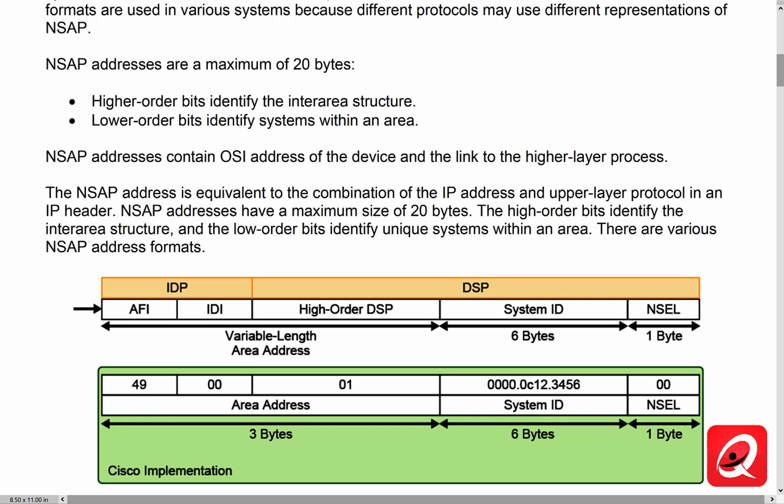The system ID, as I mentioned previously, is the 6-byte component that identifies the individual within that domain, right? The individual OSI device. And the device has an address just like it would in DECnet, but not an IP address in this particular case. And then the ENSL, or the NSAP selector, identifies the process on the device, and that's kind of like a socket in IP, but it's not used in routing decisions.